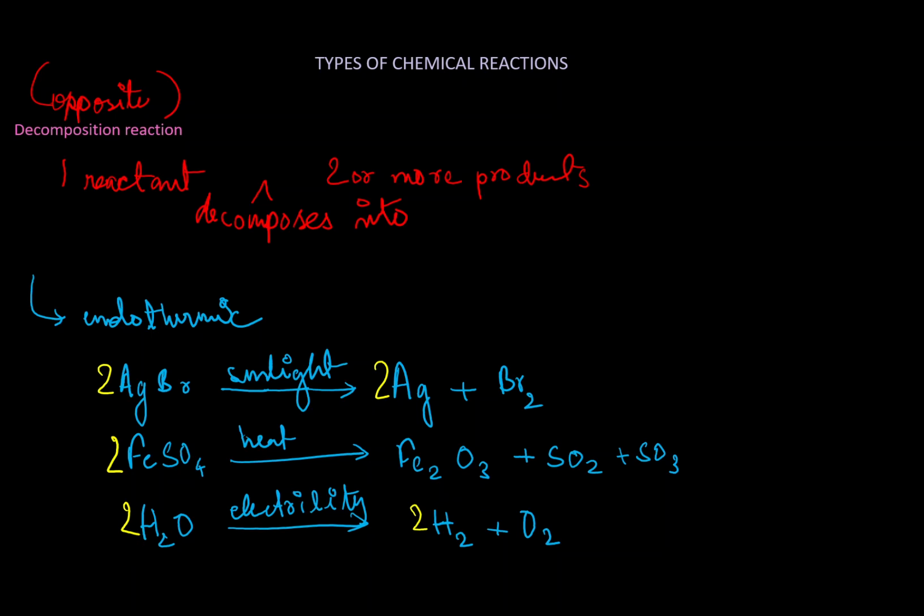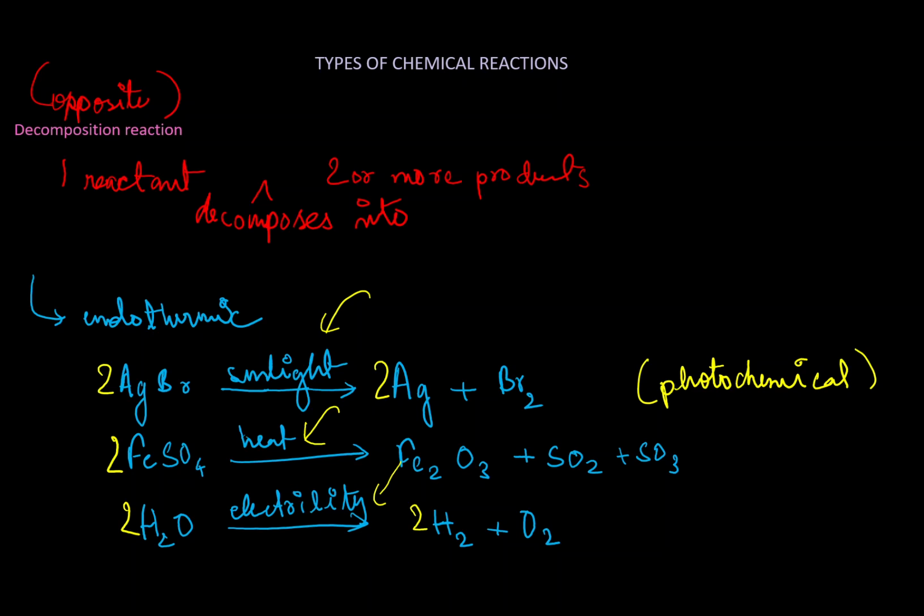Now notice all the energy provided is in different forms. Here it's sunlight, here it's heat, and here it's electricity. So these are given different names as well. When the sun is involved, it is known as photochemical, because if you remember, photosynthesis is the process by which plants create food in the presence of sunlight.